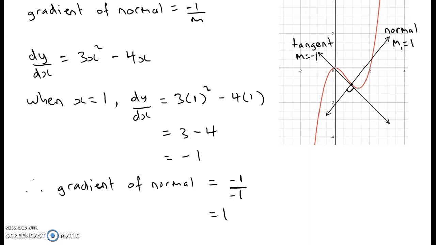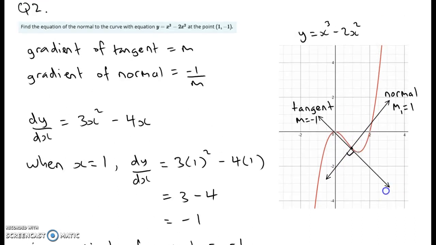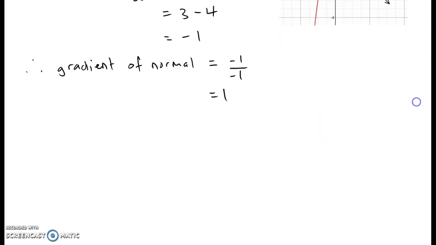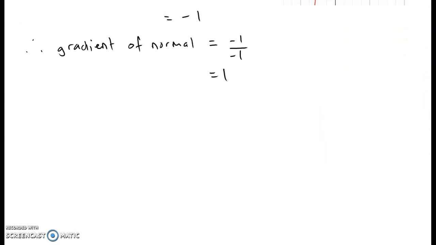Now we can find the equation of this normal line because we know the coordinate it goes through. That was given in the question, so we know it goes through (1, -1). In the previous question, we had to find that y coordinate, but we're given it here. So using the point-gradient form, y minus y1 equals m1(x minus x1), I'll call this m1 just to make it clear that it's the normal.